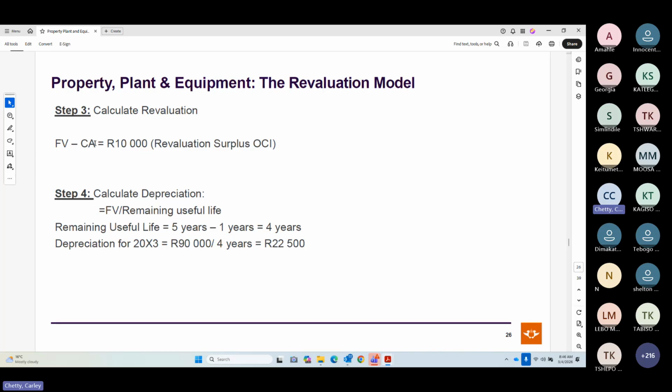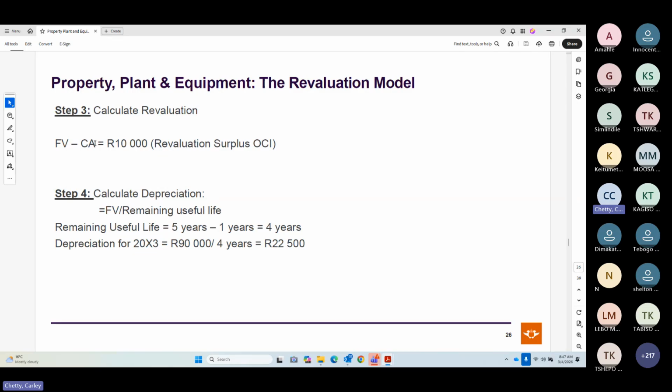Now we have determined what the revaluation is. Step 4 is to calculate the depreciation. Under step 4, we are going to take the fair value. We revalued the carrying amount up to the fair value, so the value of the asset now is 90,000. This is the amount we are going to depreciate, divided by the remaining useful life.